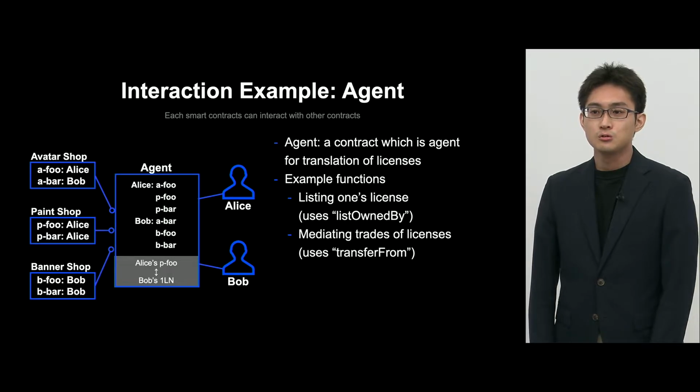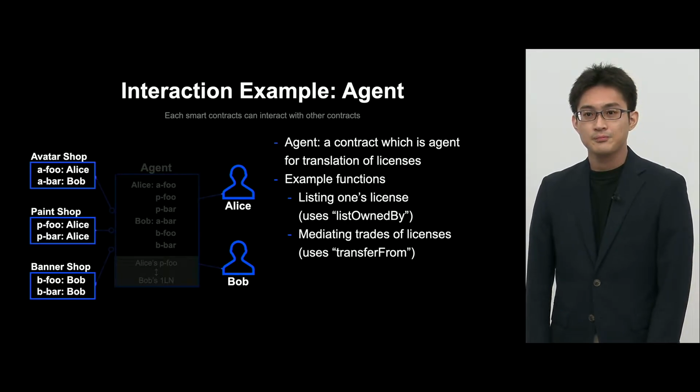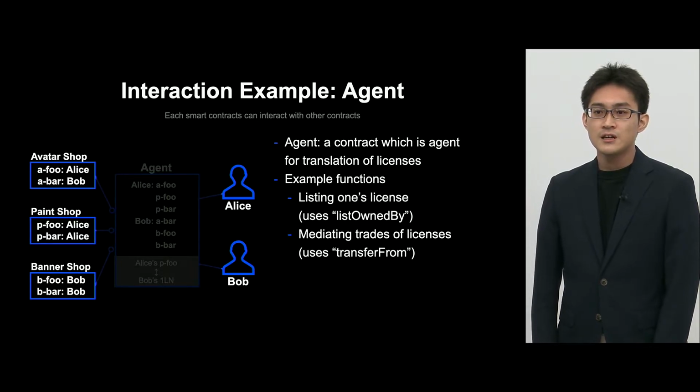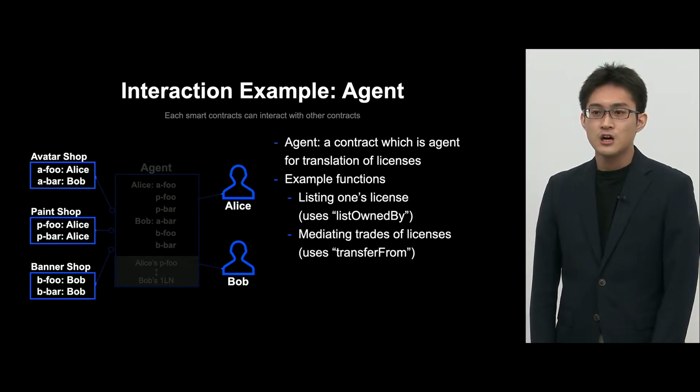Now, let me talk about the main topic, which is the interaction among the contracts, giving you some examples. In the avatar license shop, the contract sells and manages the licenses. And let's say that there are several of them. Various NFTs are sold and exchanged in the various contracts.